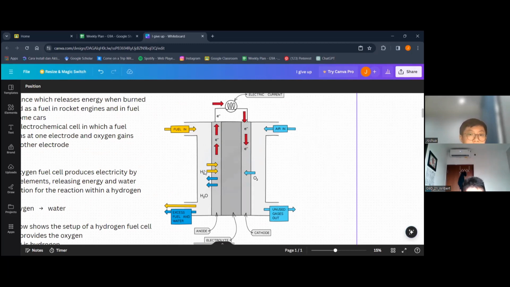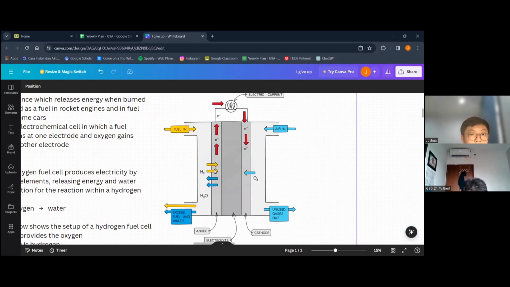The hydrogen here will get split by a catalyst into a proton and electron. As you know, hydrogen has an atomic number of 1 because it only has a proton, no neutrons, but it does have 1 electron. Now, there is a PEM membrane, proton exchange membrane.